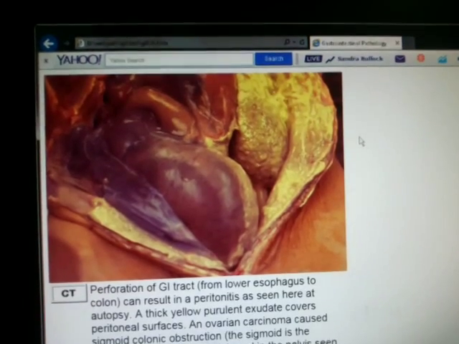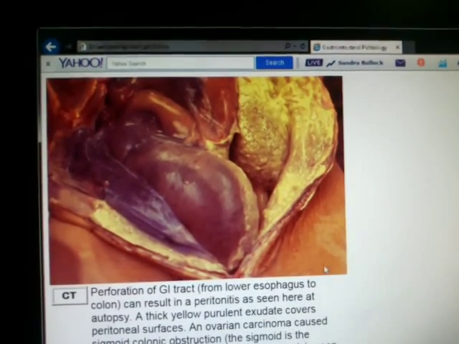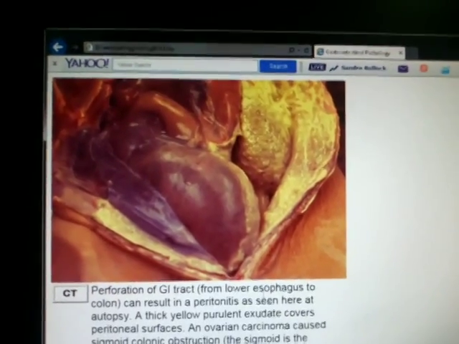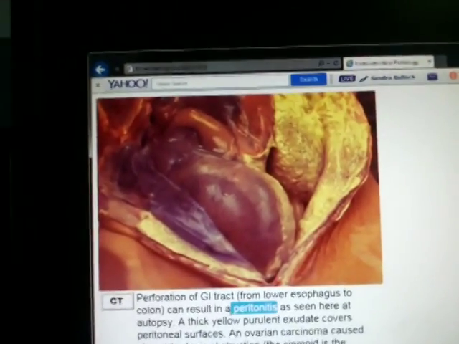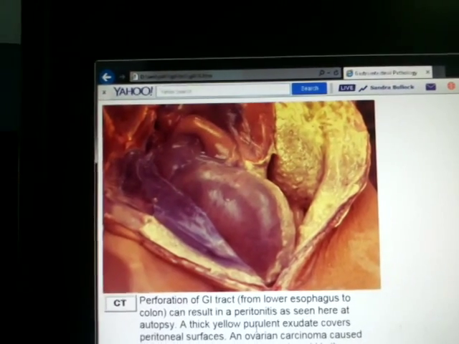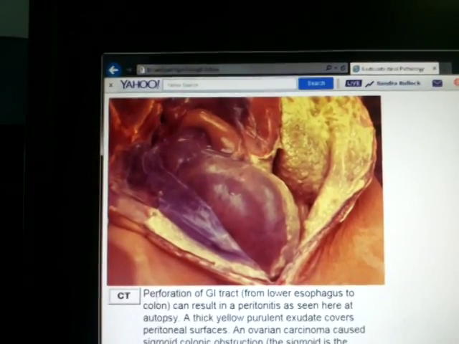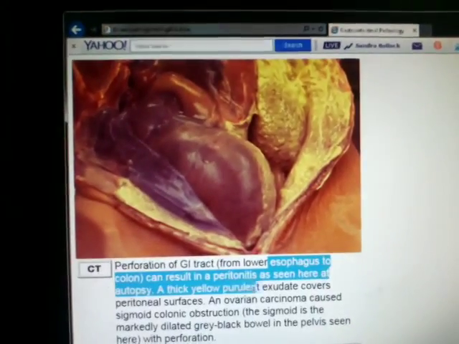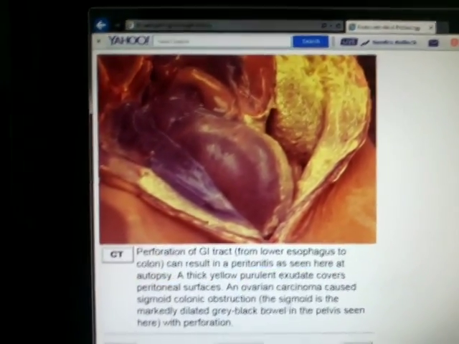This is an example of purulent peritonitis, which is an infection of the peritoneal cavity, and it's usually due to perforation of any organ from the esophagus to the colon. In this patient specifically, the patient has ovarian carcinoma.